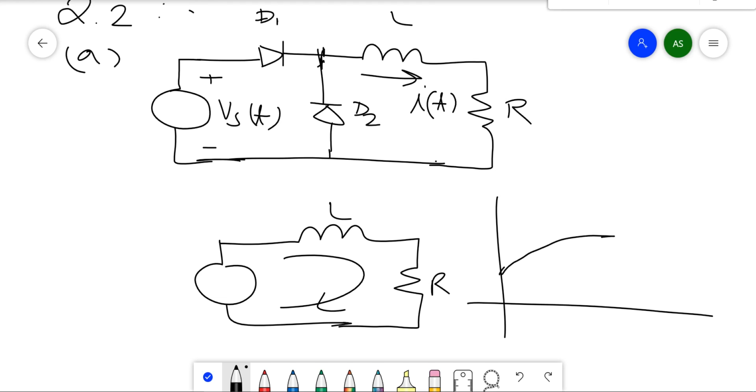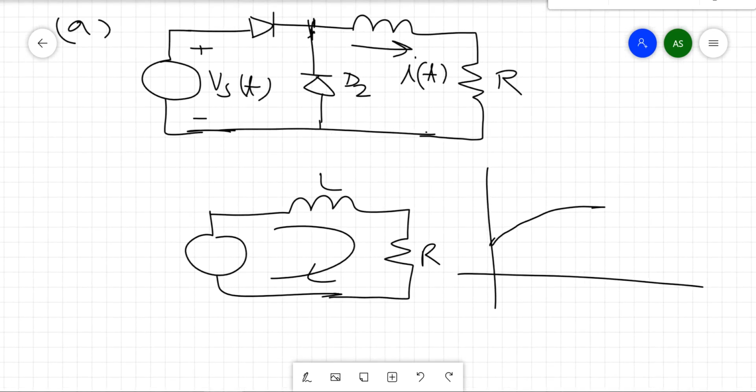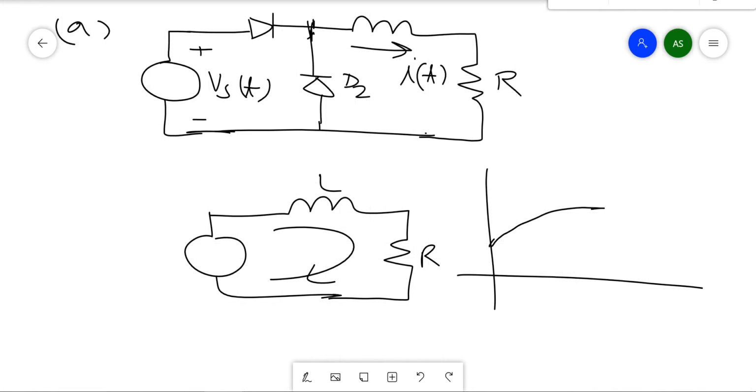Then suppose the diode D1 gets reverse biased. So what will happen? There will be some current in the inductor, so the inductor will start dissipating that current through the resistor and the diode D2.